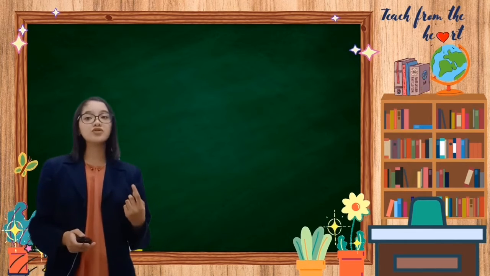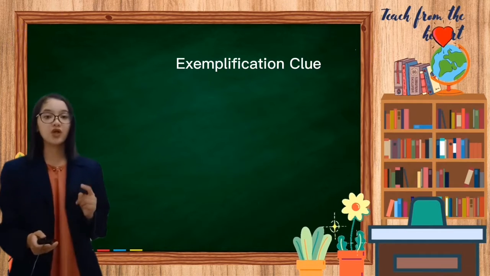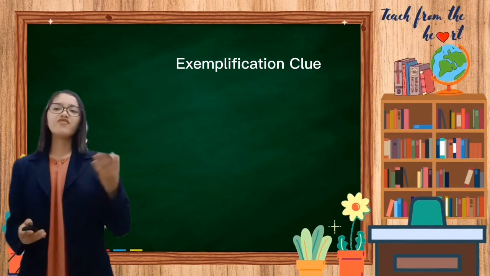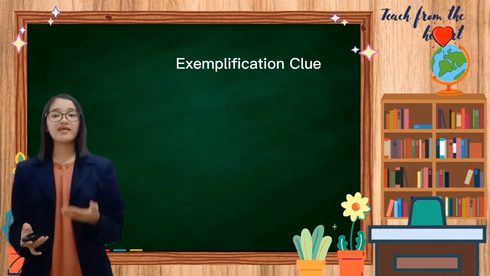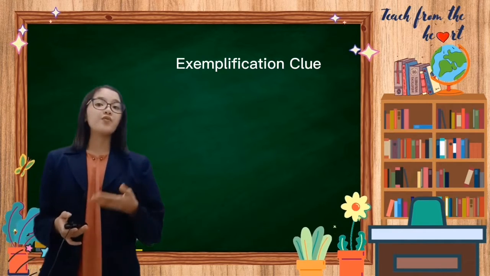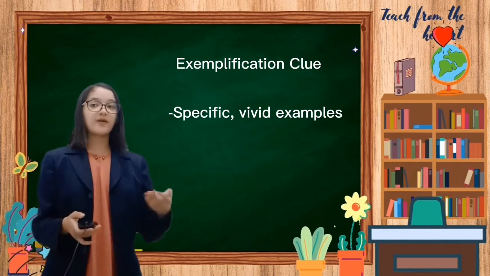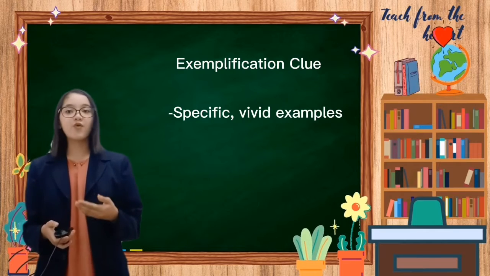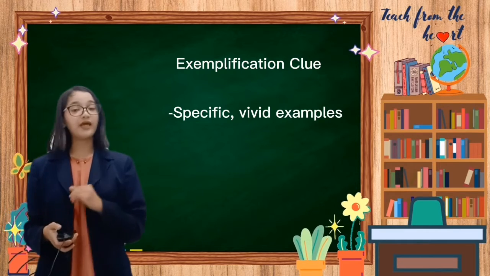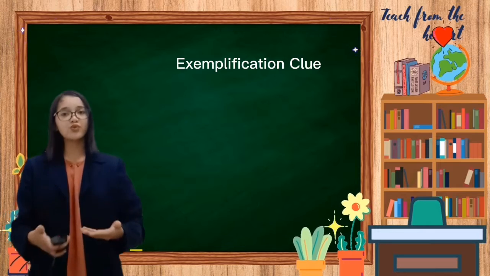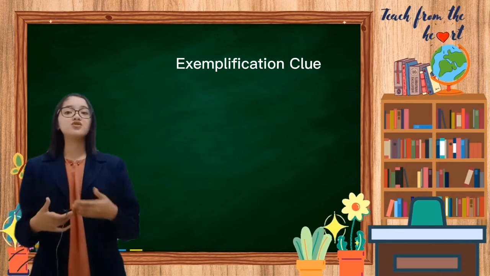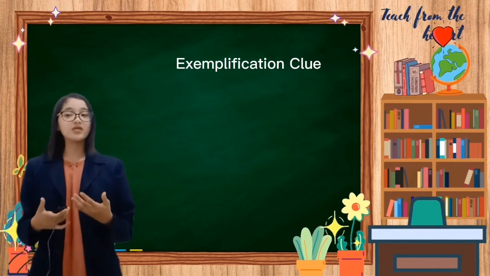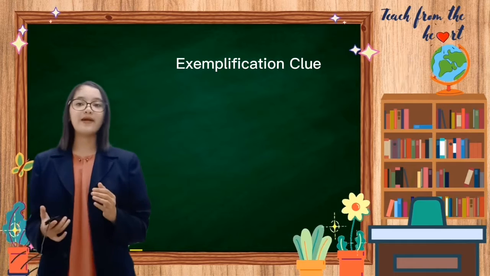Now let's go to exemplification clue. Everyone, when we write or create exemplification clue, we use specific vivid examples for the purpose of adding more information to explain or even to persuade, to define or to even illustrate a general idea.